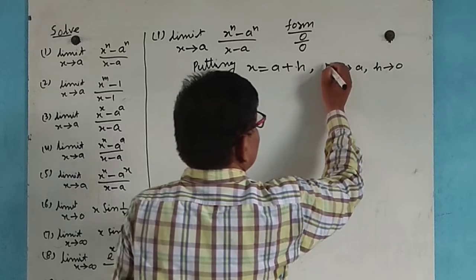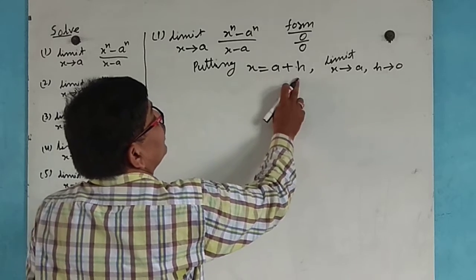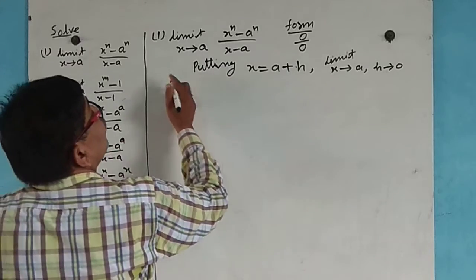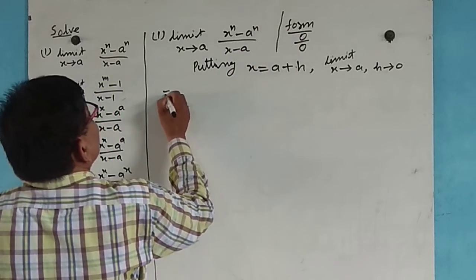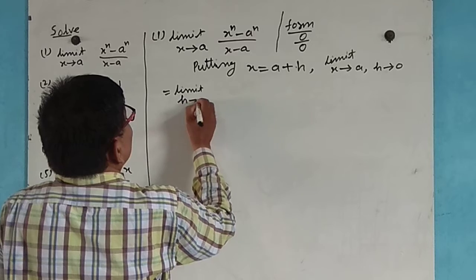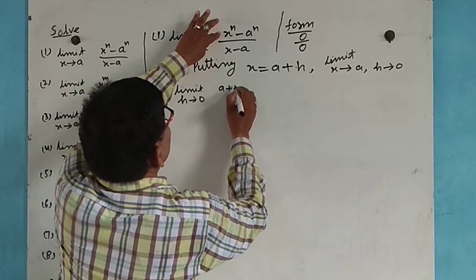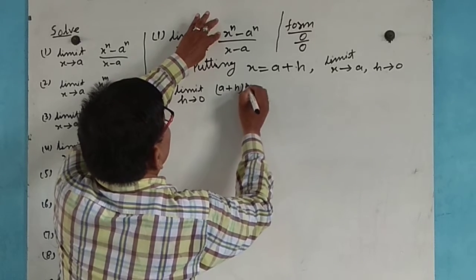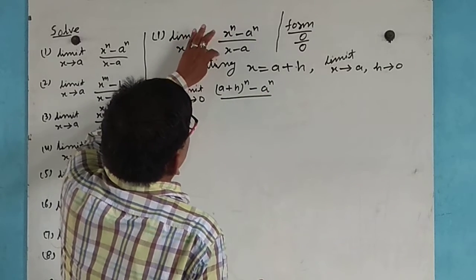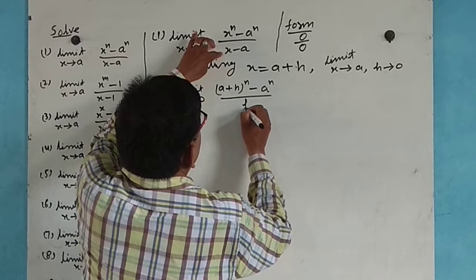Limit h tends to 0, (a plus h) to the power n minus a to the power n divided by h.